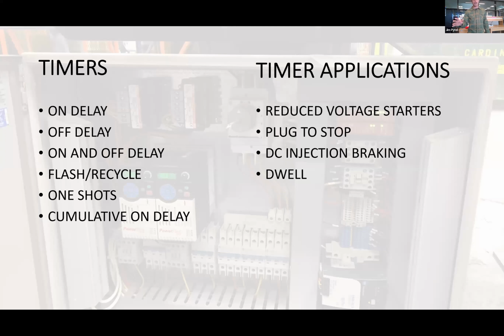Obviously, sometimes you don't want that to happen. But in this case, we're going to plug it to stop it. The student will get the motor rolling in one direction, plug it, and adjust the timer so that the motor comes to a complete stop. So that's a really fun one. Sometimes the students get it right on, sometimes they don't.